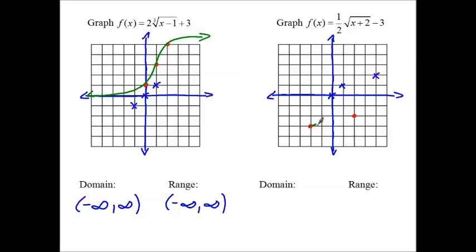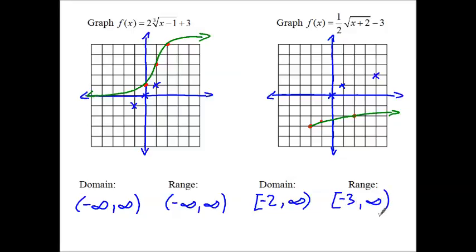And this is what the graph will look like. So the domain now starts actually at -2 and goes to infinity. The range starts at -3 going to infinity.